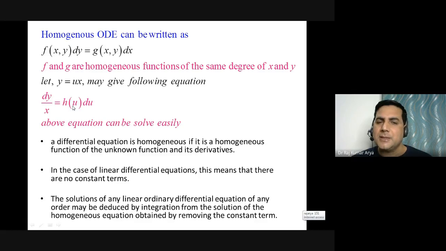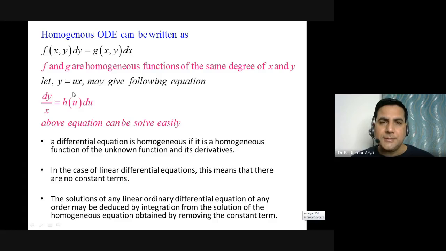That's why homogeneous equations are easy to solve compared to the non-homogeneous ones. Sometimes you can do separation of variables and then integrate. Another definition: differential equations are homogeneous if they are homogeneous functions of the unknown function and its derivatives.